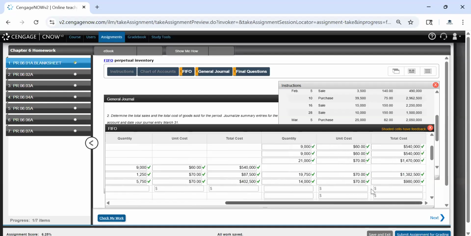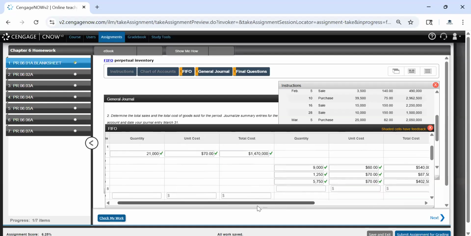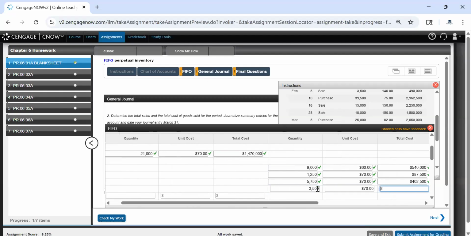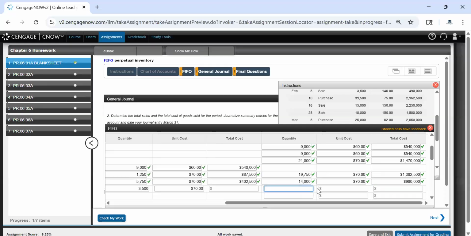And we'll just do a quick check of our work as we go here. As of February 5th, we have a sale of 3,500 units. And that's all going to come from the $70 inventory.